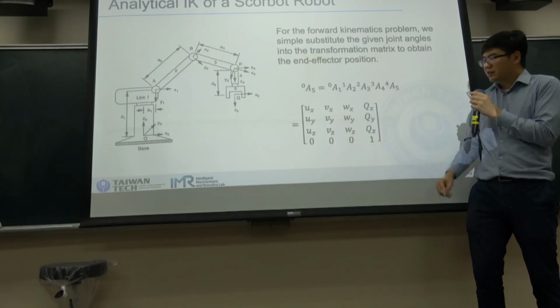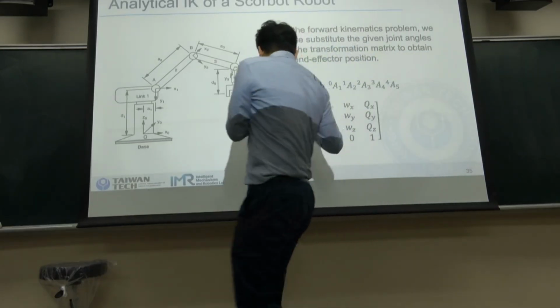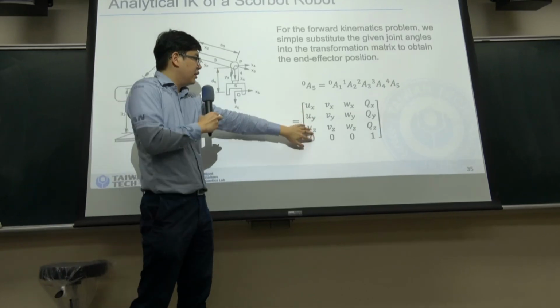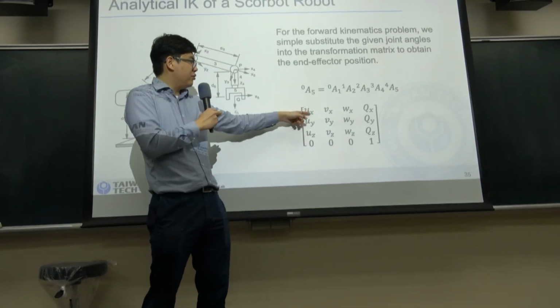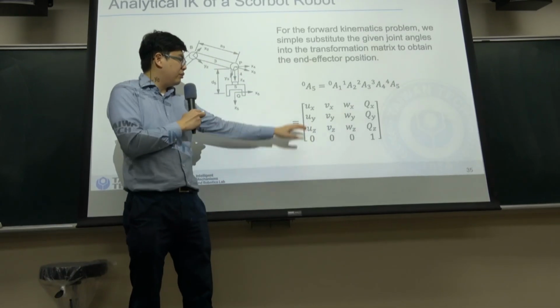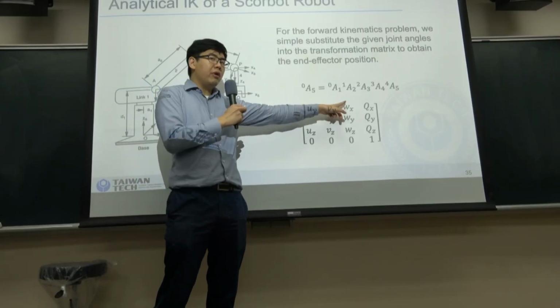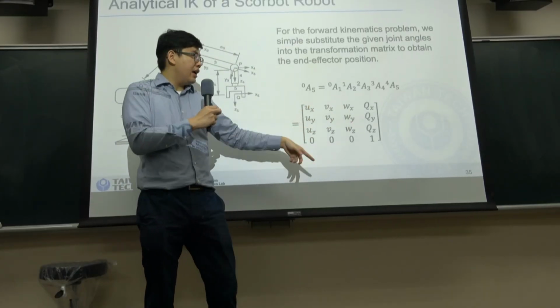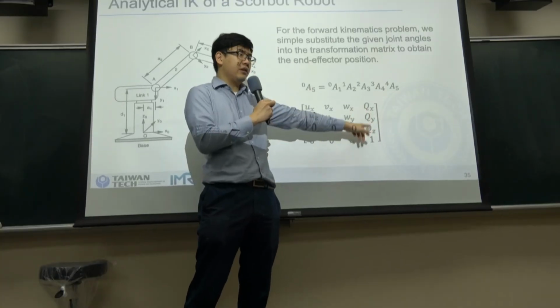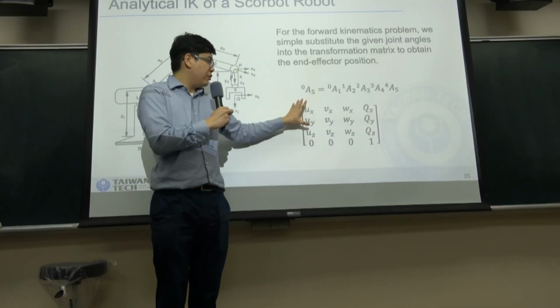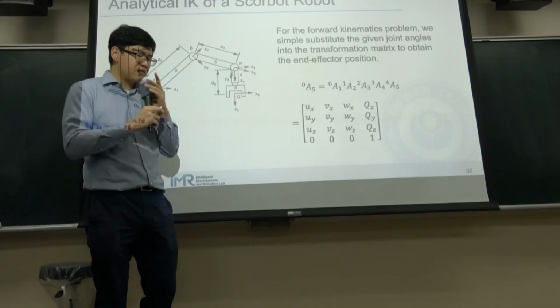We name the elements inside this matrix U, V, W, and Q. U, V, W are the rotation matrix, and Q is the position vector. I hope you are already familiar with the transformation matrix.